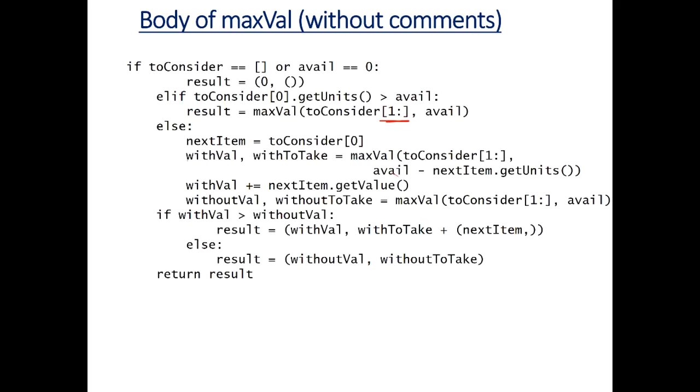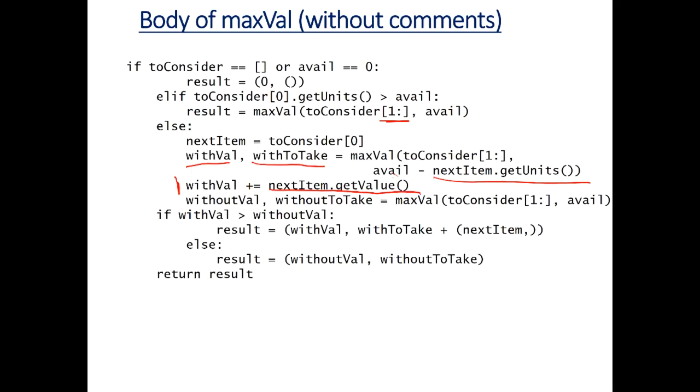So with val, the value when I take it, and with to take, is equal to the max val of to consider without that item. And I have to change availability to be availability minus the weight of the item I've just considered taking. And I have to also change with val to indicate that I get the value associated with that item.